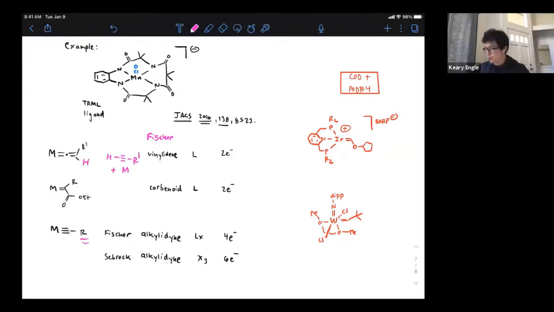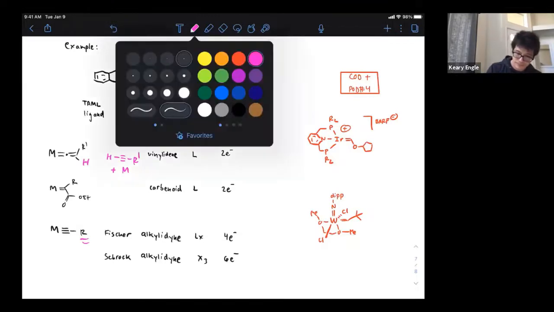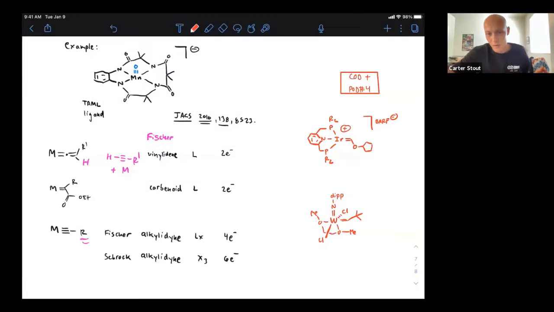Okay, super. Let's very briefly go through problem of the day number 4 from last time. Just some electron counting to make sure everybody's on the same page here. Carter, how about this first one? For the first one, the coordination number would be 5.